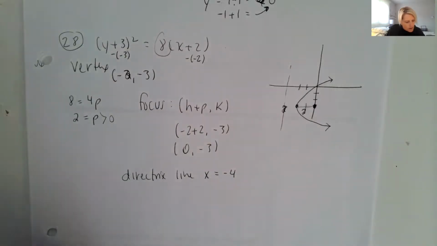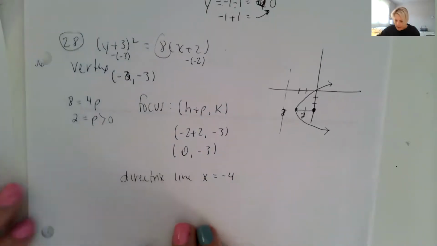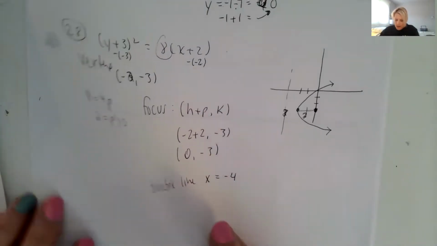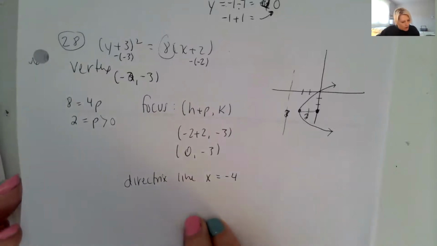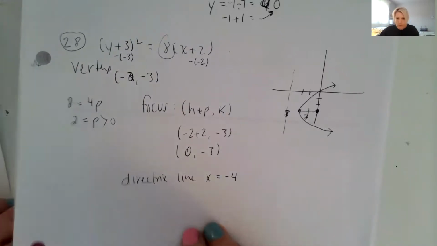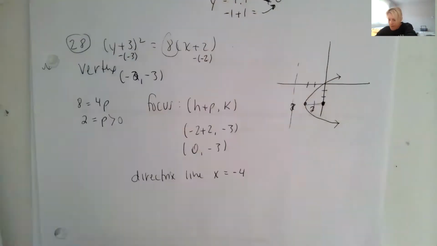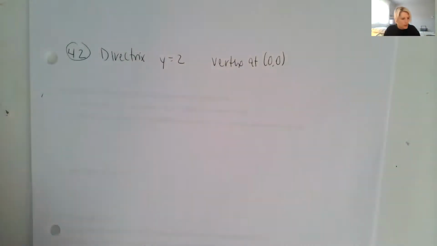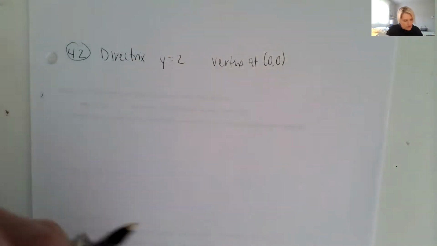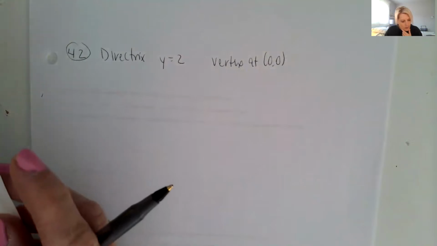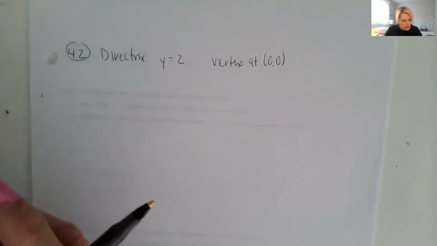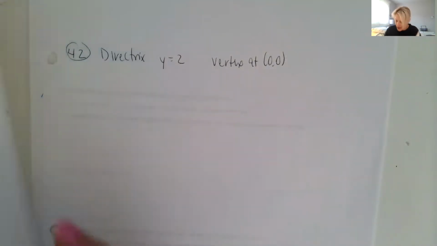Okay. And then how about we look at 42. 42, this section says, determine the equation in standard form of the parabola that satisfies the given conditions.